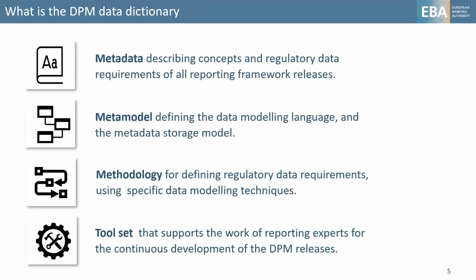So it's loaded with metadata where all concepts are described throughout all framework releases. But the DPM, of course, and this is what we are doing with DPM Refit, also needs to have a meta model that defines basically what are the rules for modeling, what is the language, and what is the format for storing the metadata.